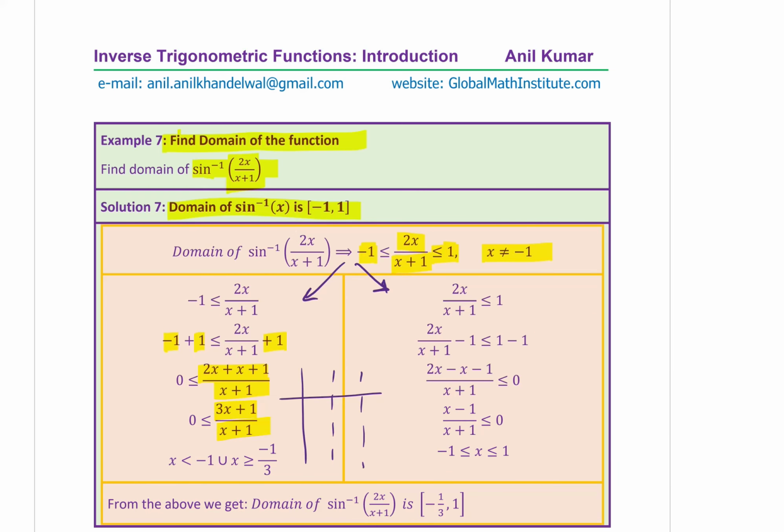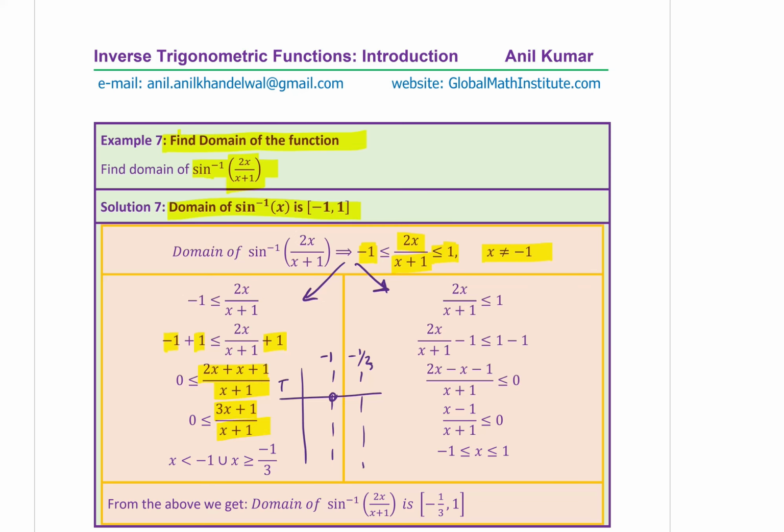So we have a 0 for x equals minus 1 over 3, and we have infinity. We'll put a circle here since that minus 1 is never included. And with this table, we will see in which region this is positive. That is the whole idea.